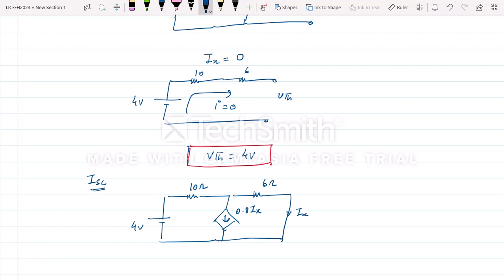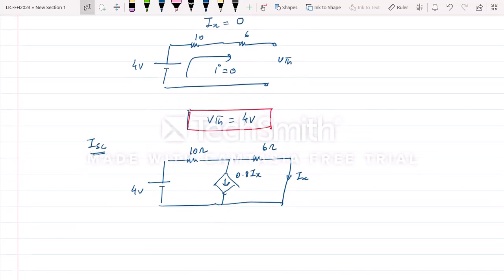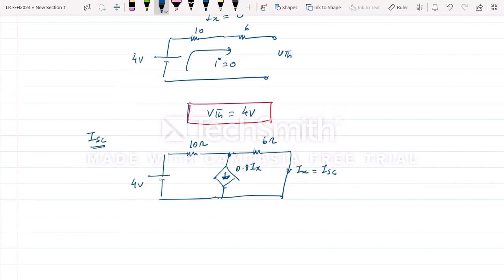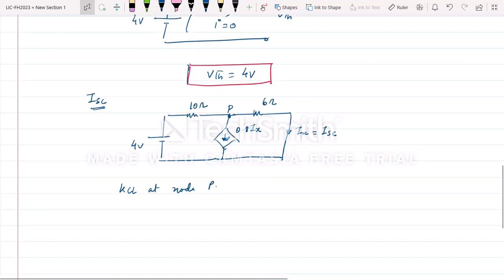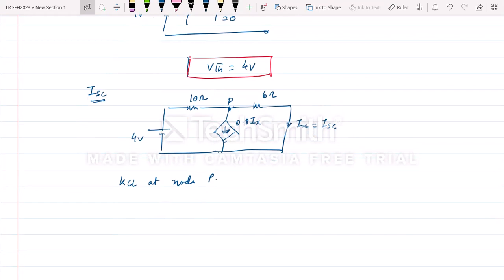Now what will be Ix when we are shorting it? We don't know the value, but we can find out the value of Ix. Ix is nothing but ISC here. We can say this is the same as ISC. How will we find that value? We can apply KCL at this node, we can call it P. KCL says the sum of all outgoing currents is 0.